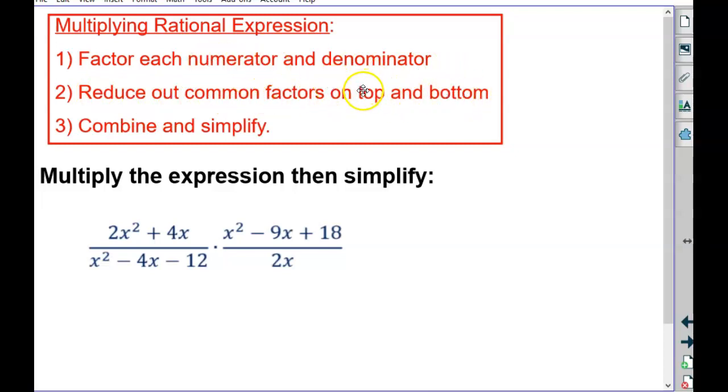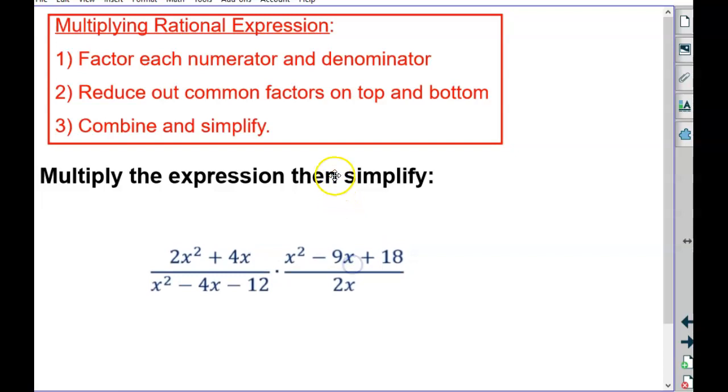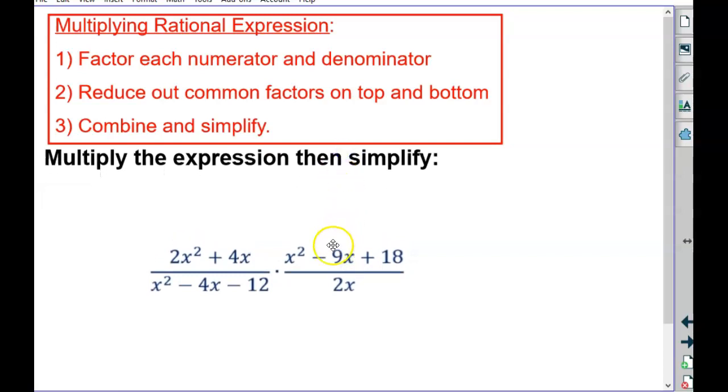That really should say numerator and denominator to be more math appropriate, but top and bottom's fine. And then once you have it all reduced, combine whatever's left over and simplify. So instead of multiplying it together, factor first.